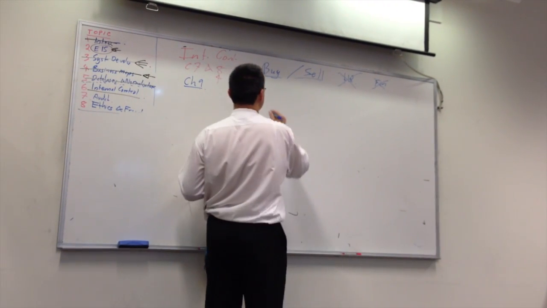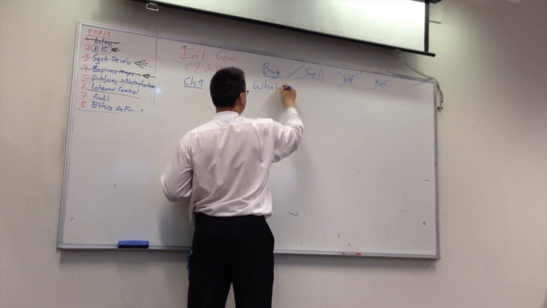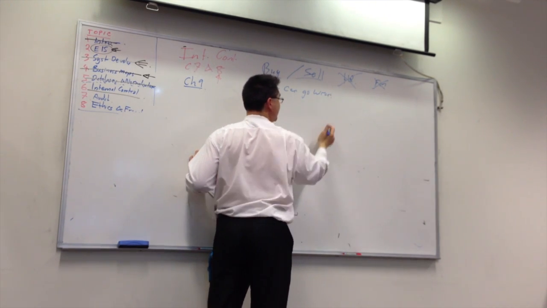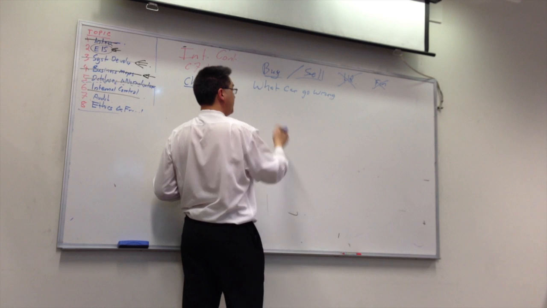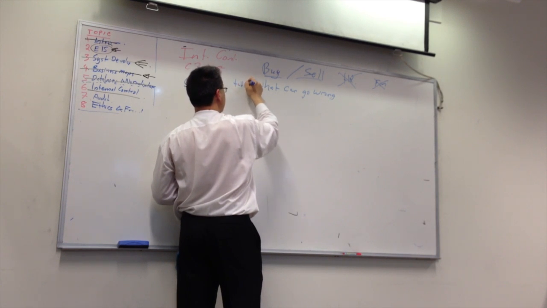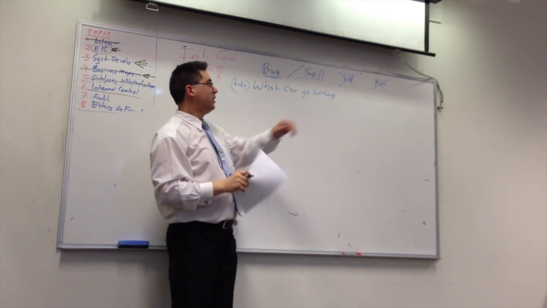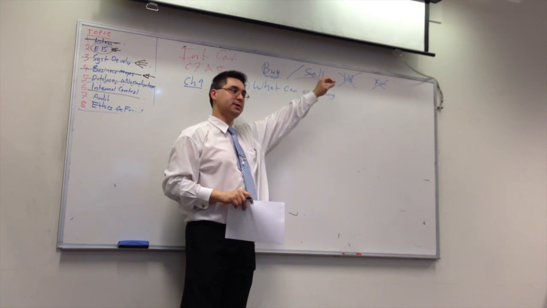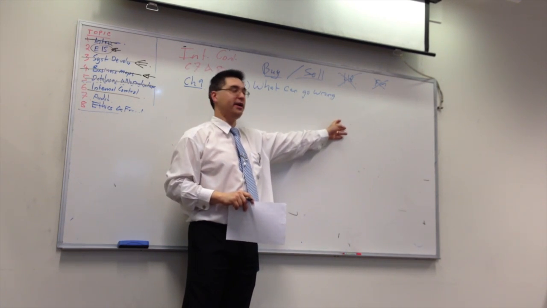There is a page that tells you what can go wrong, and it's in a table. So, for example, you could sell stuff. Something that could go wrong is you sell it to a bad customer and they never pay you.